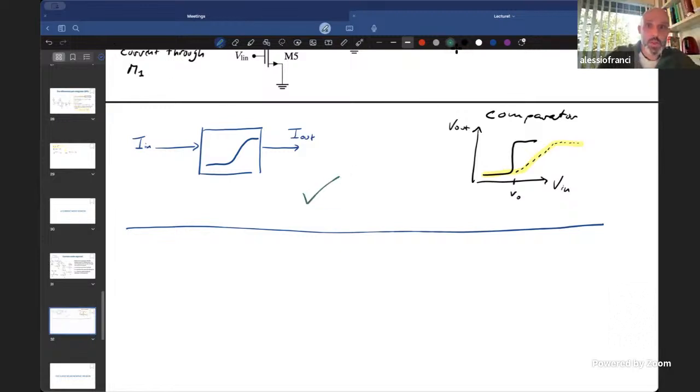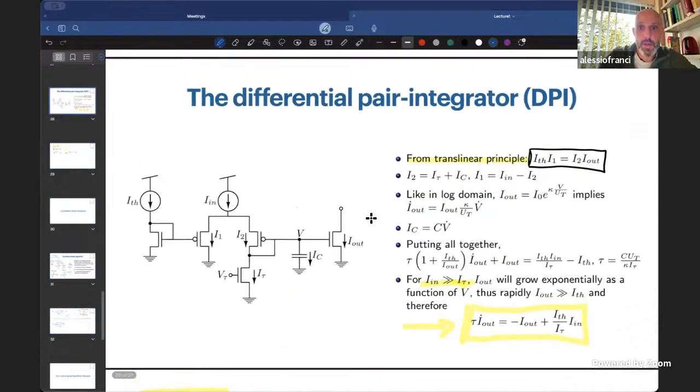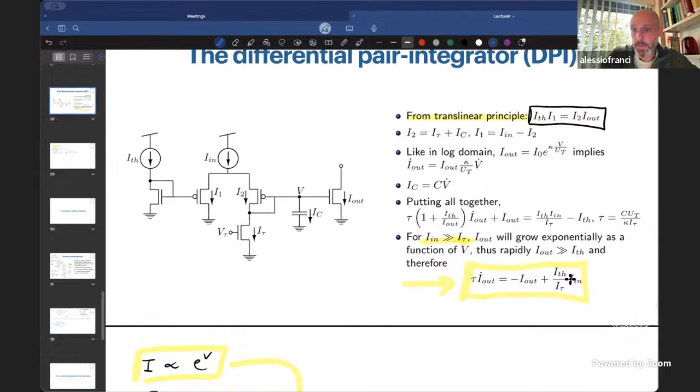And together with it, we have the DPI that we just showed. That's this filter we just saw here that maps input current to output current through this linear differential equation.